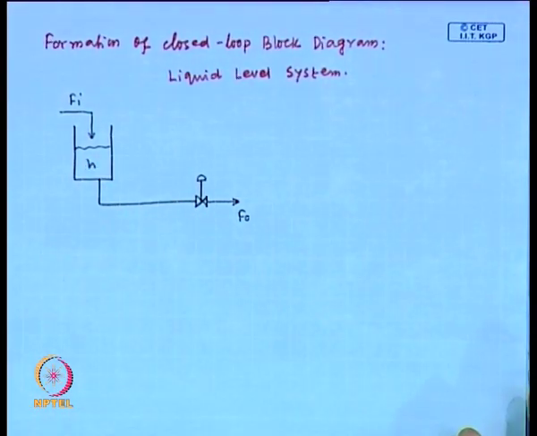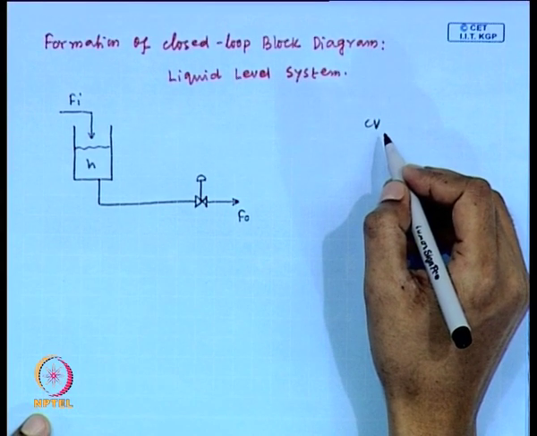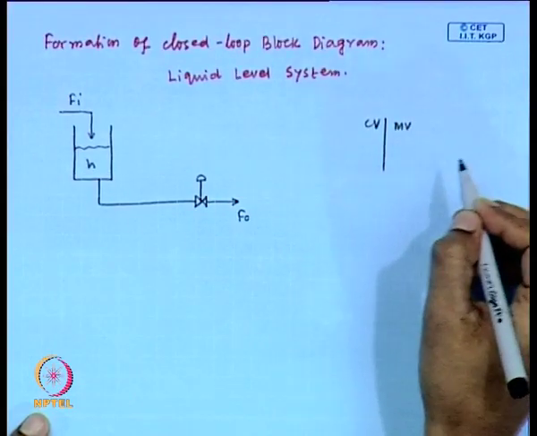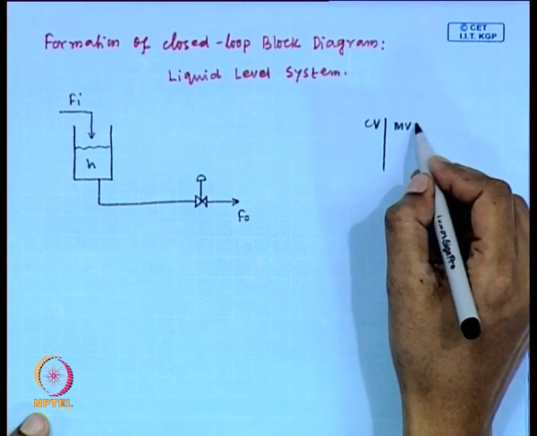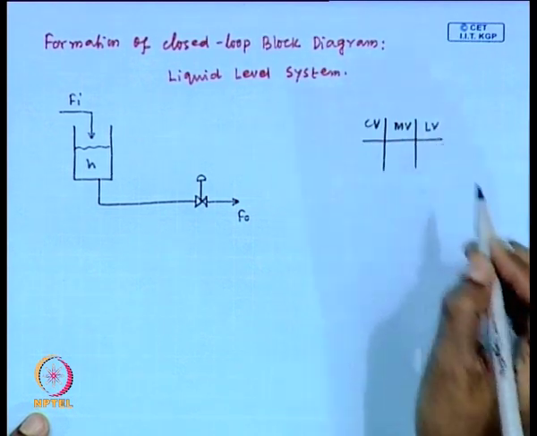Height of liquid in the tank is h. Now, the objective is to maintain the liquid height in the tank at its desired value.